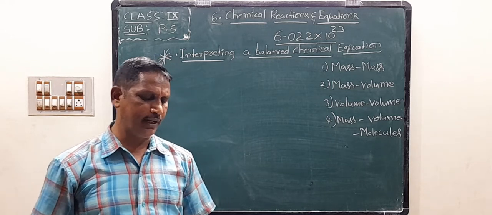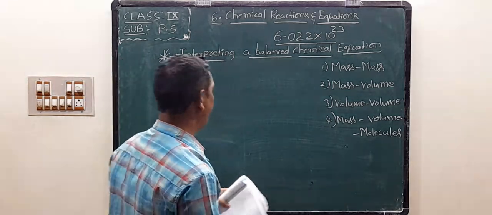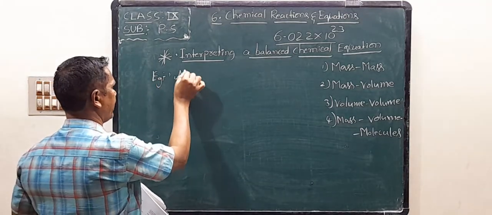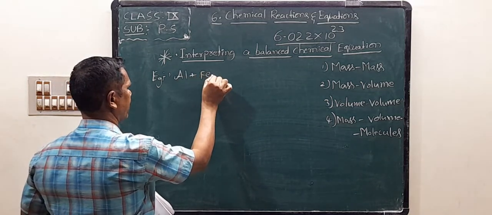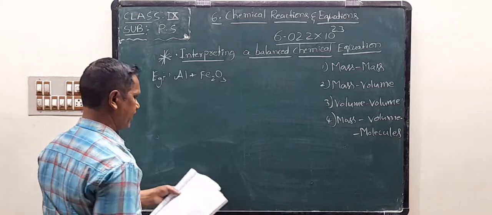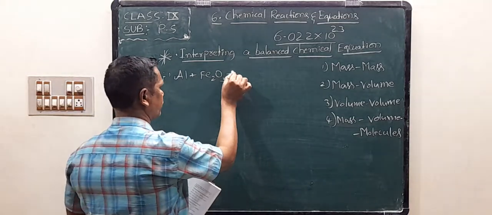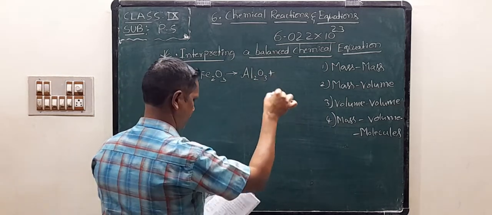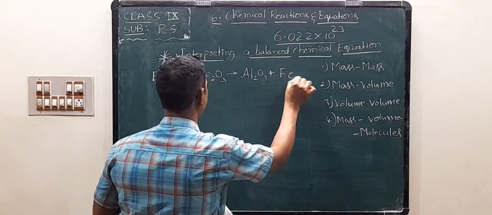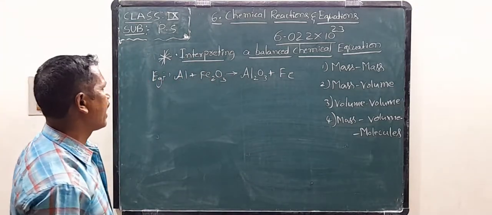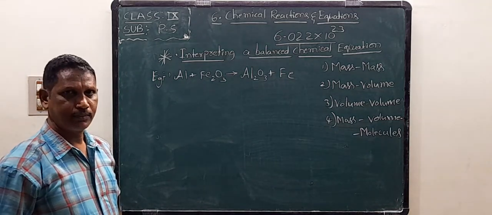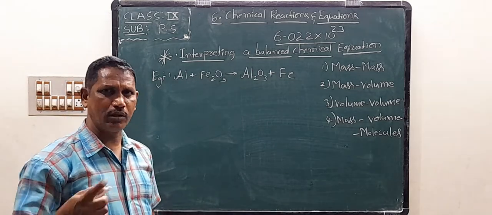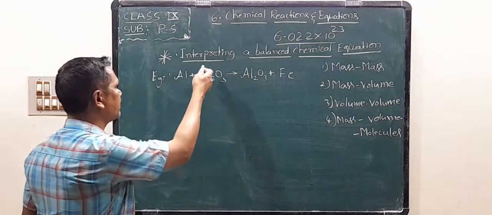This is an unbalanced chemical equation: aluminum plus iron oxide gives aluminum oxide plus iron. An unbalanced chemical equation is also called a skeleton equation.